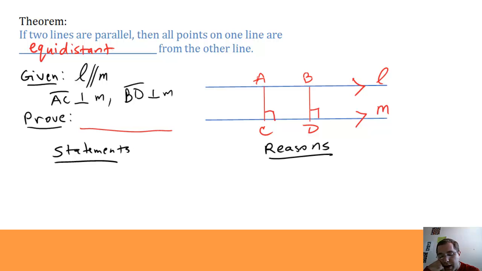Well, I want to prove that any points on L are equidistant from M. So I've got two points on L, A and B. I want to know that they are the same distance from M. So what I want to prove is that the distance from A to C, AC, equals BD, the distance from B to D. We're going to prove this so that you can see how parallelograms are involved.